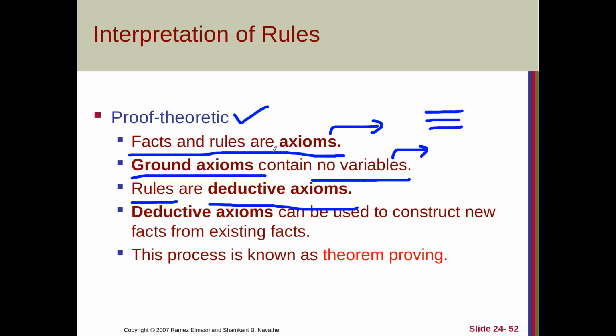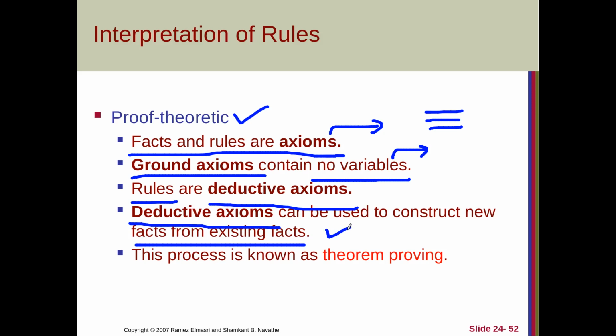So ground axioms are represented only by using constants, while rules will have variables. Deductive axioms, that is the new rules that are generated, can be used to construct new facts from existing facts.